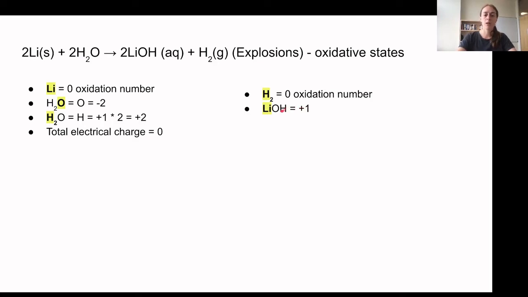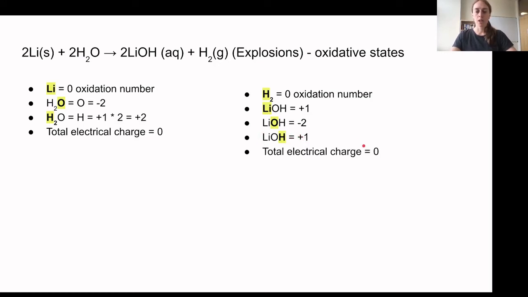Then if we break apart our LiOH, lithium is +1, again, because it's one of those metals. Our oxygen is -2 by rule number 6. And then we can determine that our hydrogen is +1 because we have a net 0 charge.